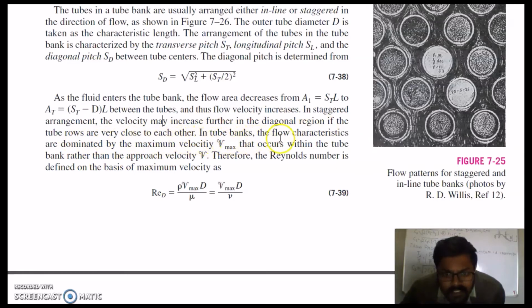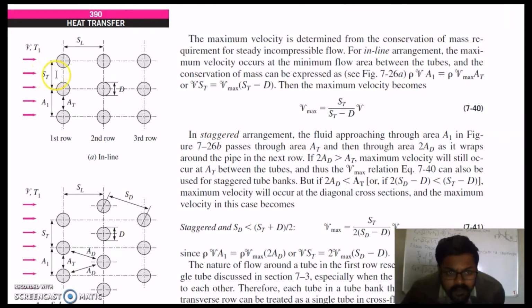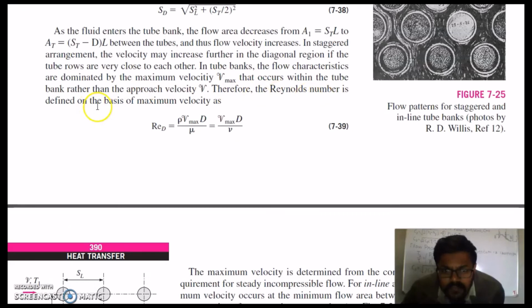So in tube banks, the flow characteristics are dominated by the maximum velocity that occurs within the tube bank rather than the approach velocity. So here your velocity is V of the free stream, but when your fluid enters between the tubes, its velocity will increase, and that is the maximum velocity. Therefore Reynolds number is defined on the basis of maximum velocity, which is equal to density into maximum velocity into diameter upon viscosity.